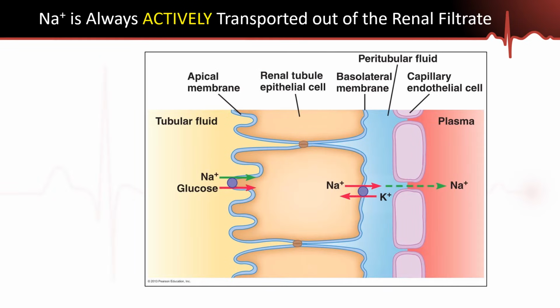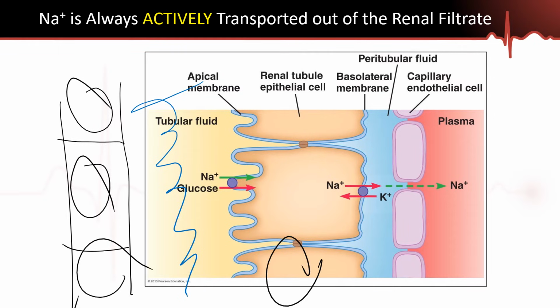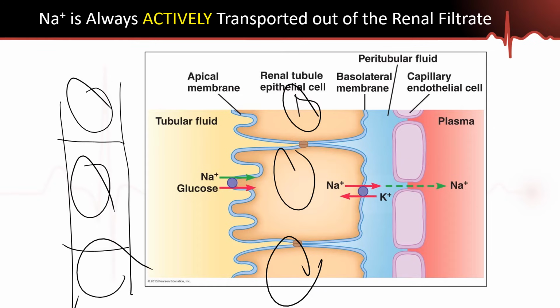So yet again, here is blood plasma traveling through a portion of the proximal convoluted tubule. Okay, and the proximal convoluted tubule is lined by these cuboidal epithelial cells. Now, what's within this blood plasma that is traveling through the lumen of the proximal convoluted tubule? Well, there is water in there, and there's sodium in there.